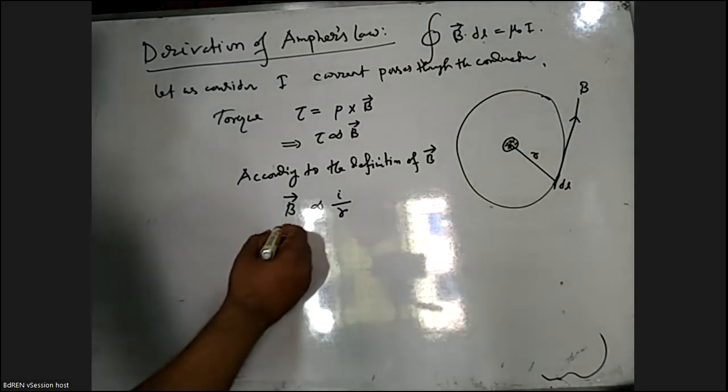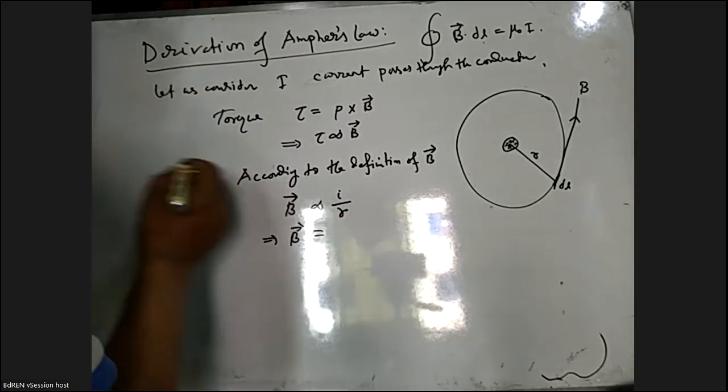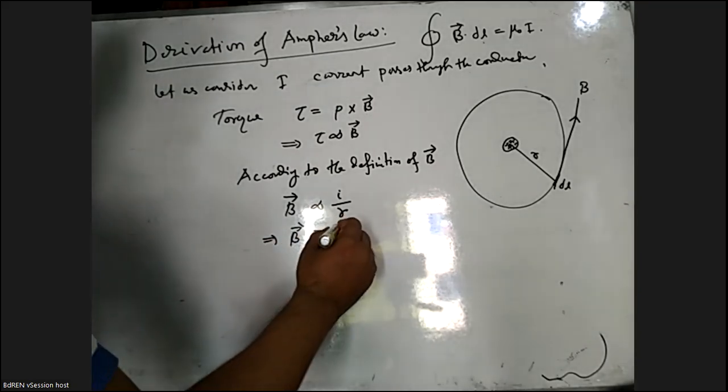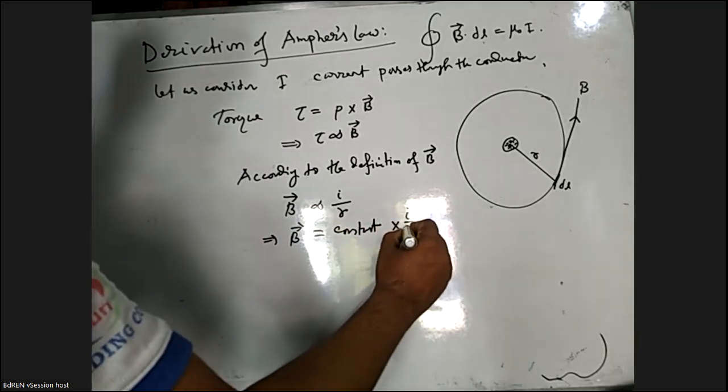So this can be written as B equals a constant multiplied by I divided by r.